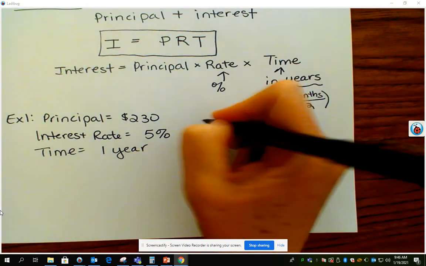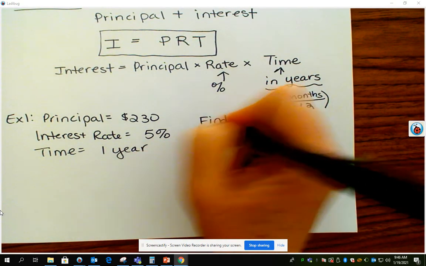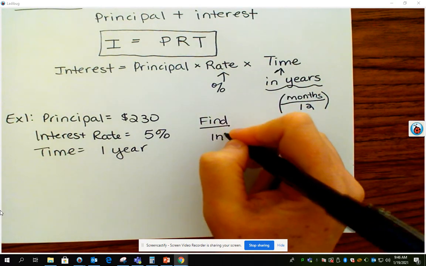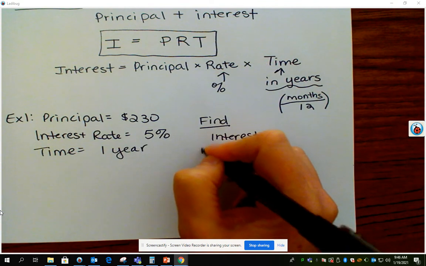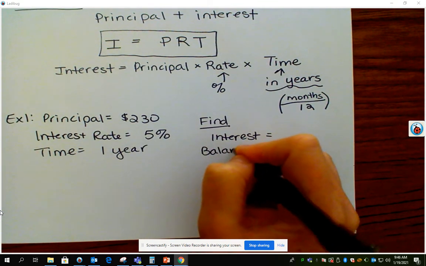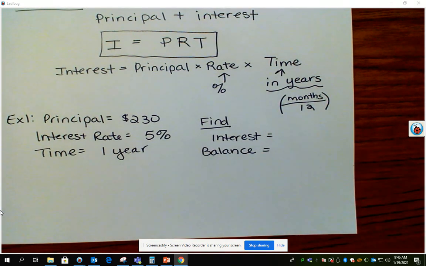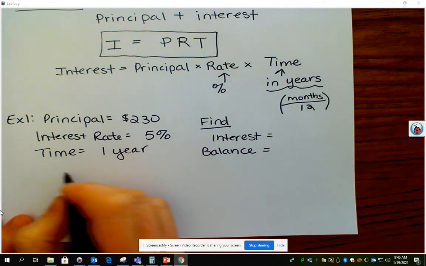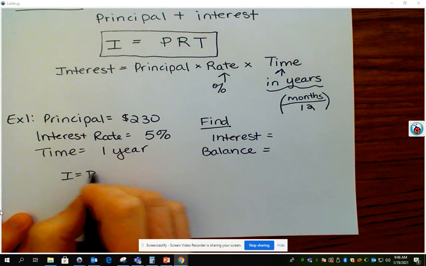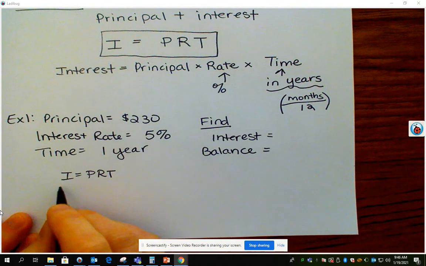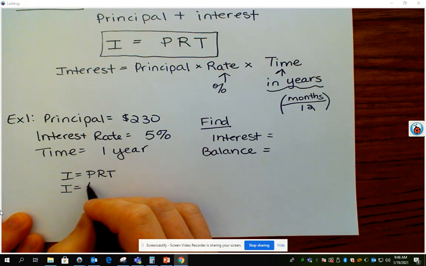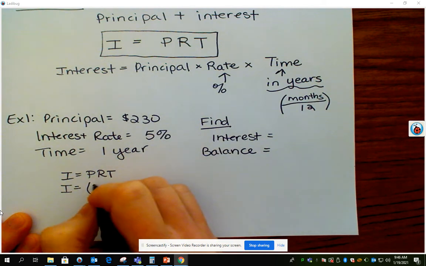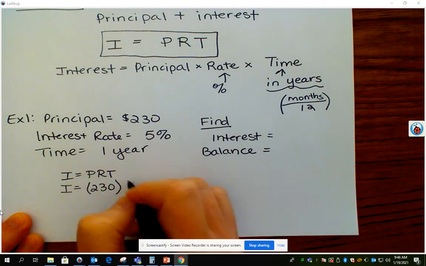And we are asked to find the interest, how much we're going to pay to borrow the money, and the balance, the total that will be due in a year. Okay, so let's use our equation. Interest equals PRT. So interest, what we don't know, equals the principal, which we said was 230, times the rate.